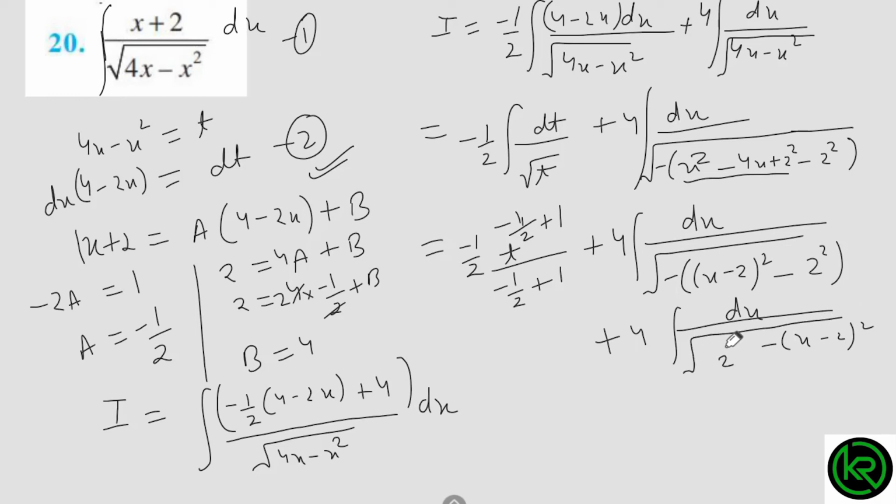Okay students, 2 square, and here half will cut each other, and we will get minus root t.